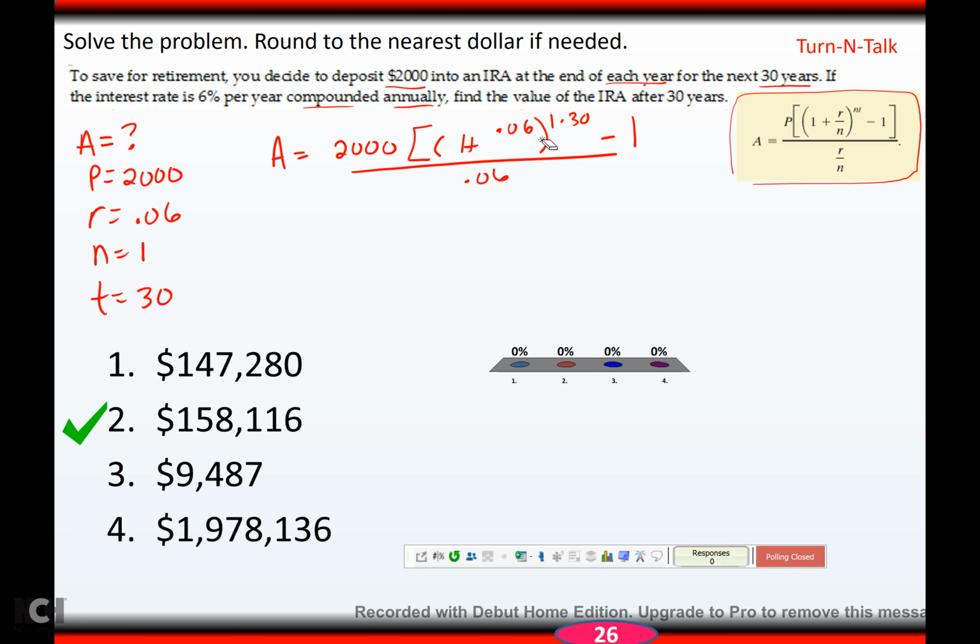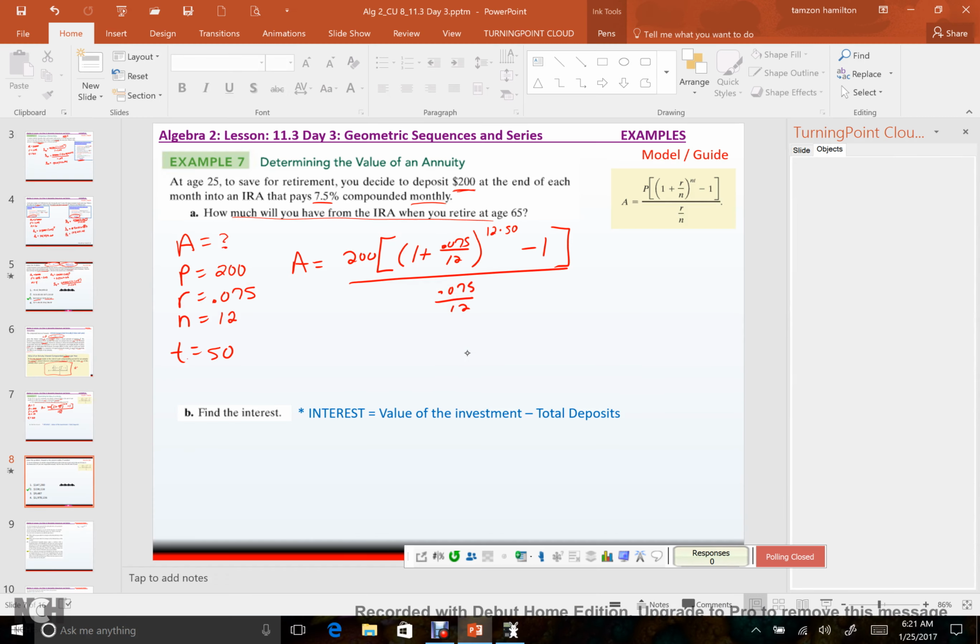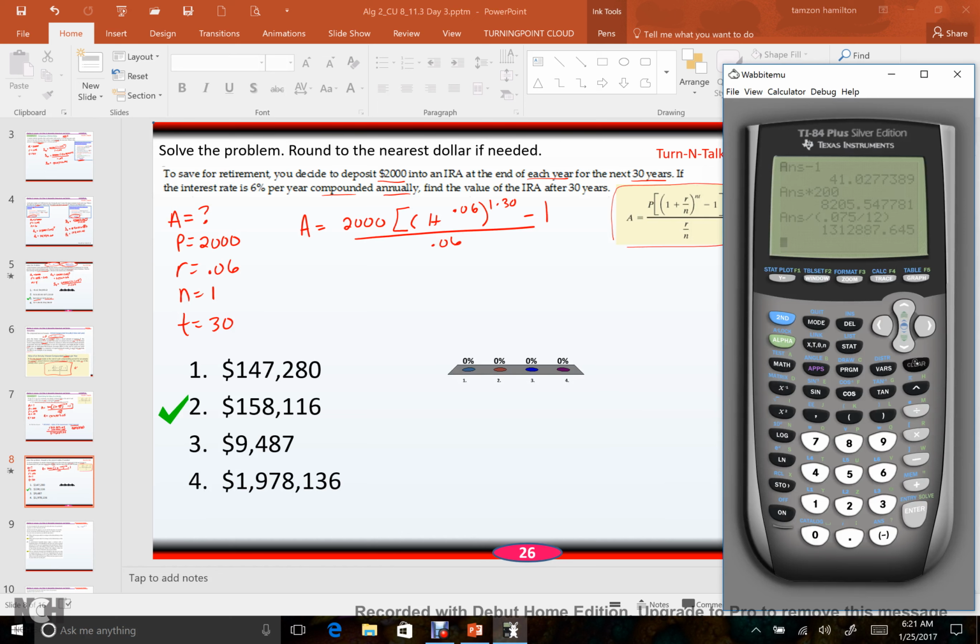So now when I type this in, I'm going to type 1 plus 0.06, enter, caret 30, enter, minus 1, enter, times 2,000, enter, divided by 0.06, enter, and you get 158,116.3724.